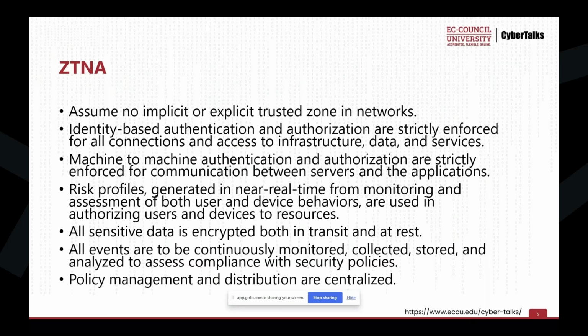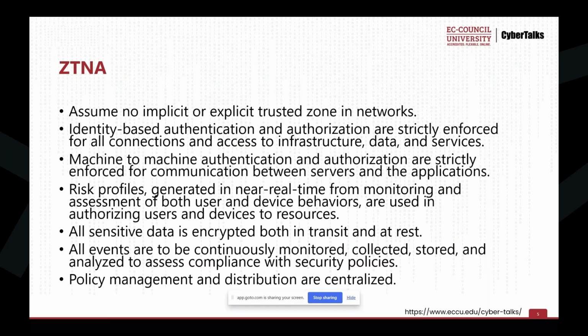Machine-to-machine authentication and authorization also needs to be enforced, because more and more machine-to-machine communications are happening. If you look at a typical picture from human to non-human identity, for every single human identity, there are more than 50 non-human identities. So you can think about the ratio between human to non-human identity is significantly skewed in the favor of non-human identities.